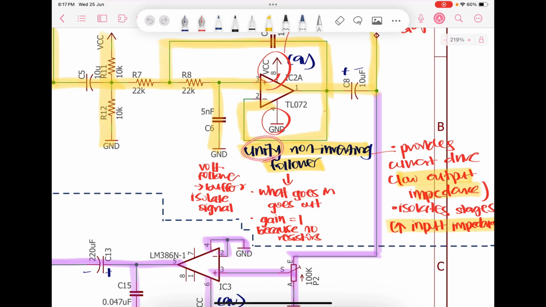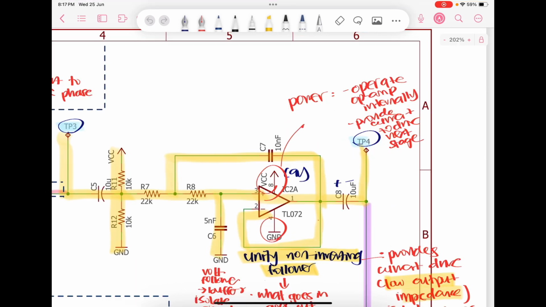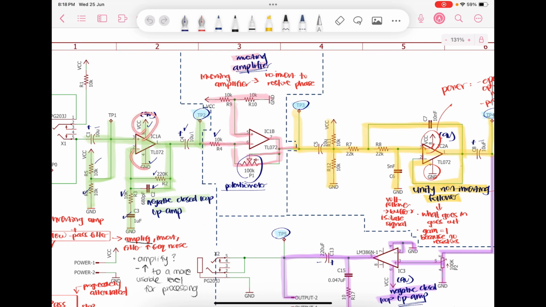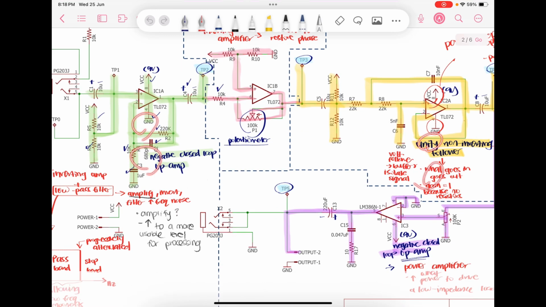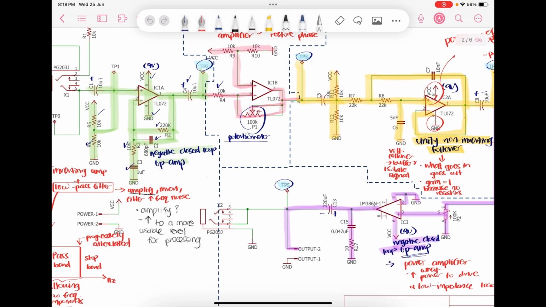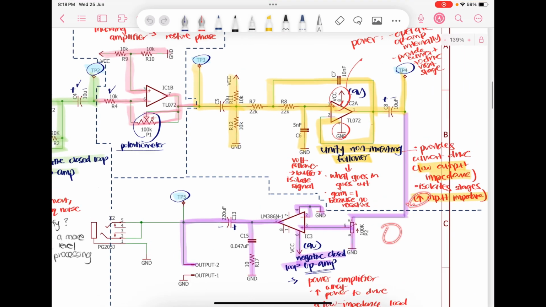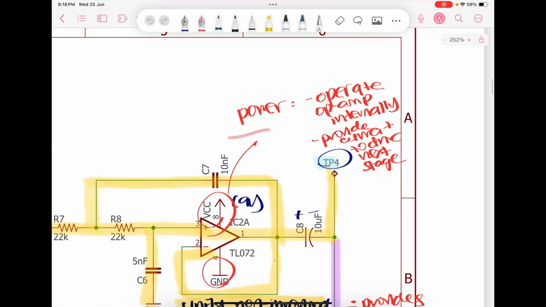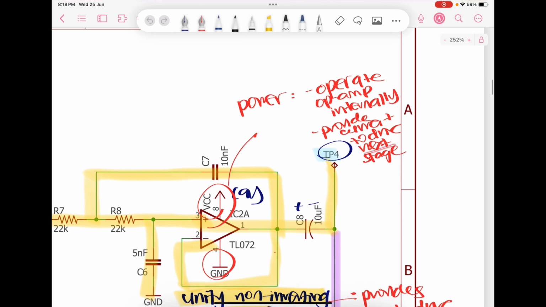Because of unity follower, it is also called a voltage follower. So it's a buffer and it isolates the signal. Now the gain is 1 because there are no resistors at the negative feedback. Now this VCC and ground that is seen in here, and also in here, it is the power which operates the op amp internally and provides current to drive the next stage.